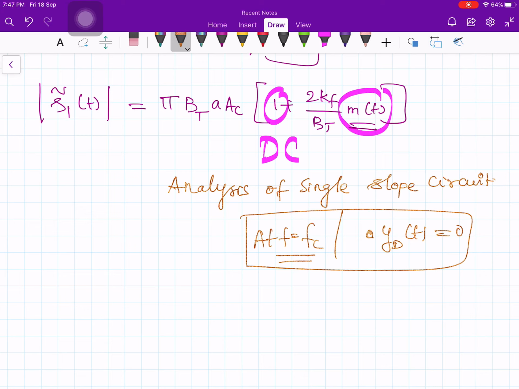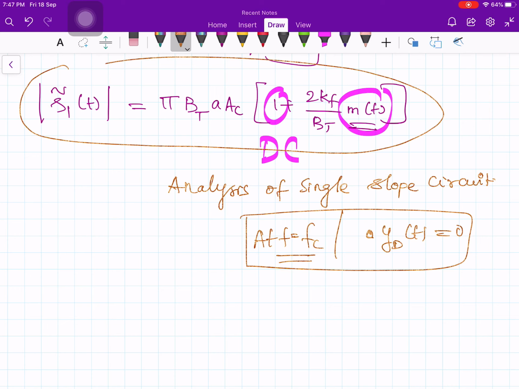Okay, so this one is the complex envelope of the output. I'm sorry, this is wrong.